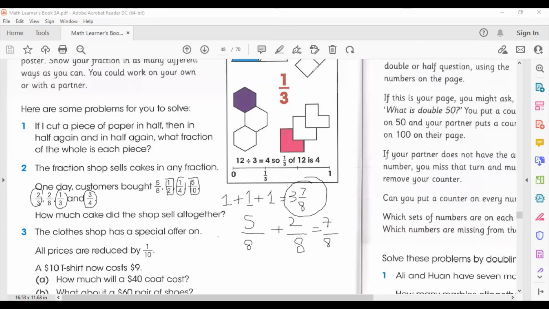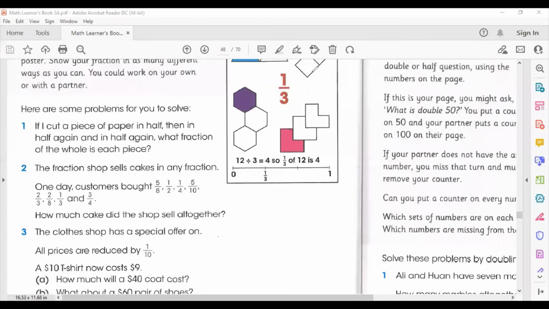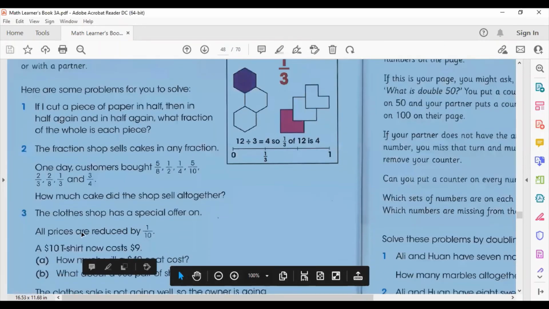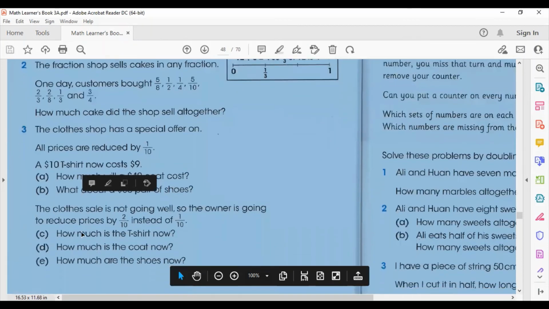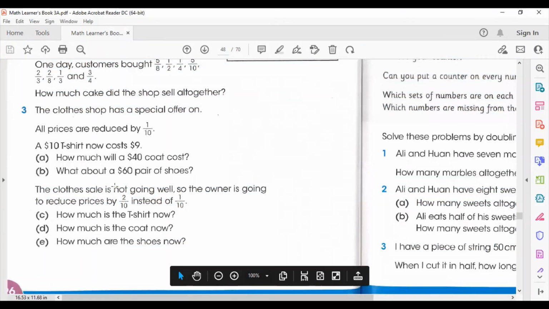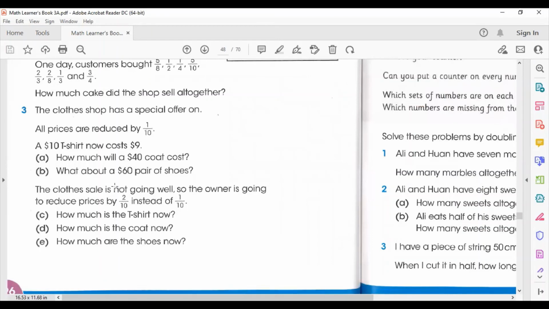Question number 3. A cloth shop has a special offer.